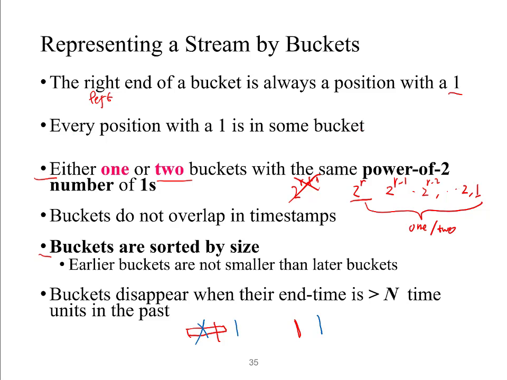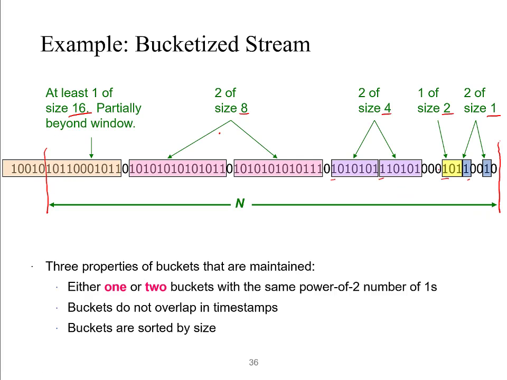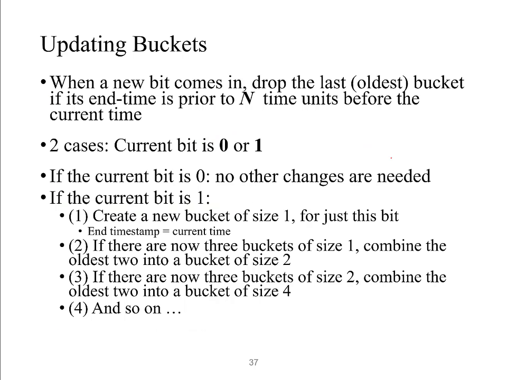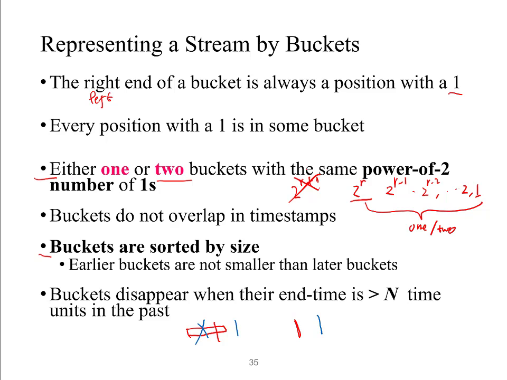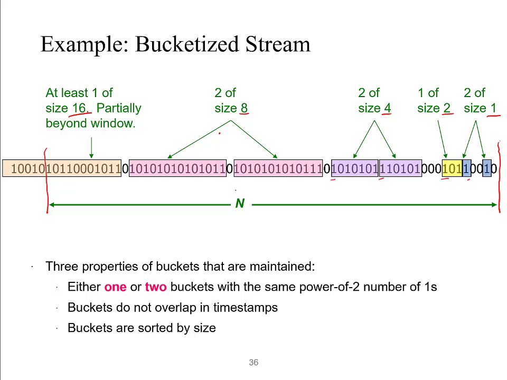Every position with a 1 is in some bucket. As you can see, all the ones are in a bucket. There are either 1 or 2 buckets with the same power of 2 number of ones. For size 1, we have 2. For size 2, we have 1. Size 4, we have 2. Size 8, we have 2. Size 16, we have 1.